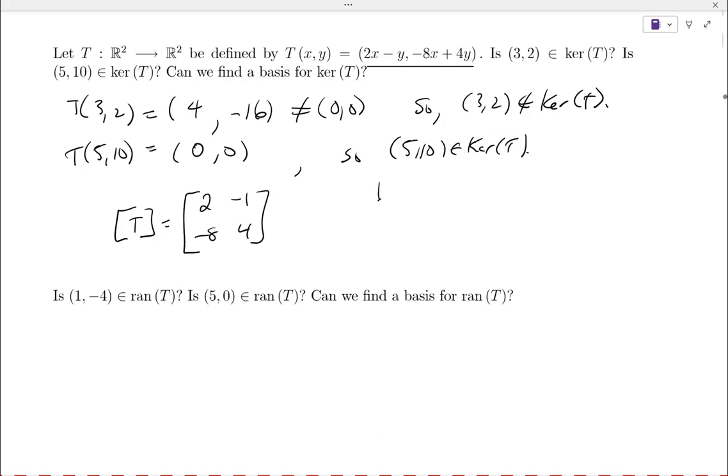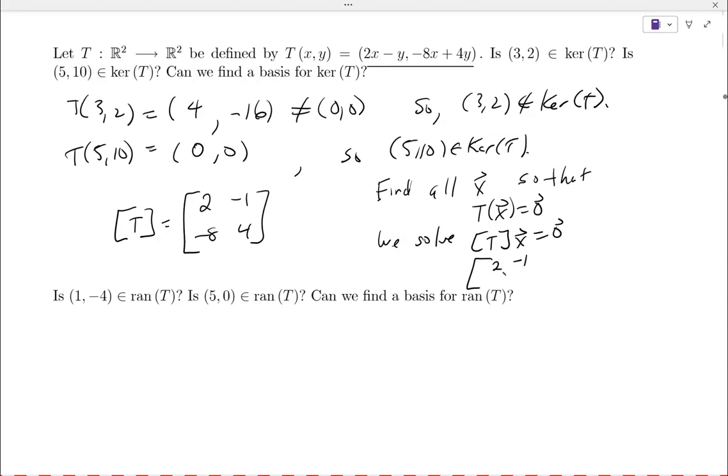We want to find all vectors, I'll call it x in this case, so that T of x is equal to 0. We can do that by solving this matrix equation, which we've done probably more times than we can count this semester, right?